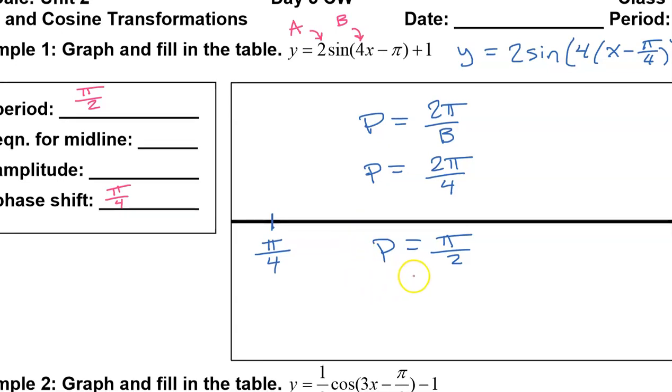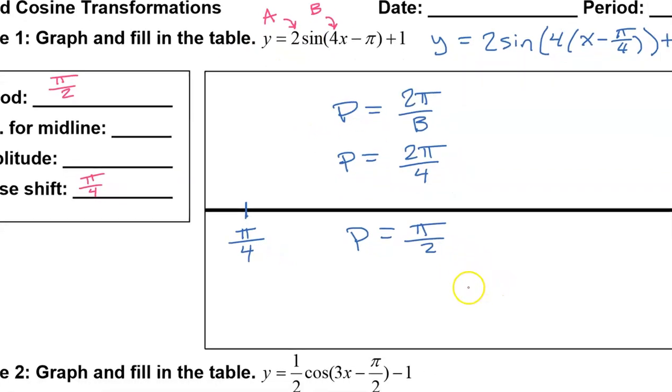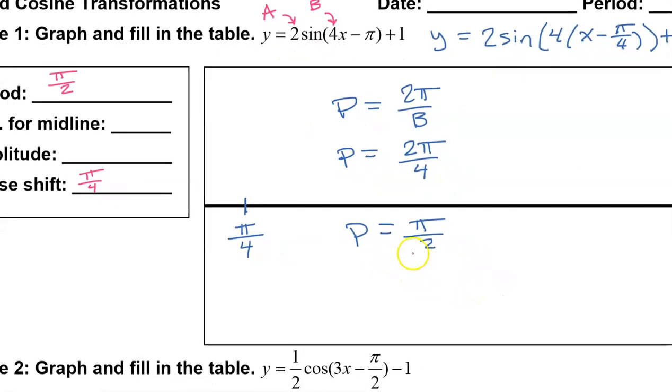We are going to need the quarter period, because that's how we will put our marks on the number line. We're going to record a value every quarter of a period, because that's where the key changes happen with the sine and cosine graphs. So obviously the quarter period is the period divided by 4.